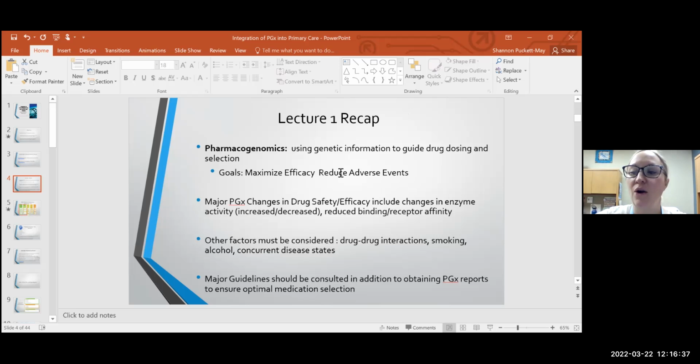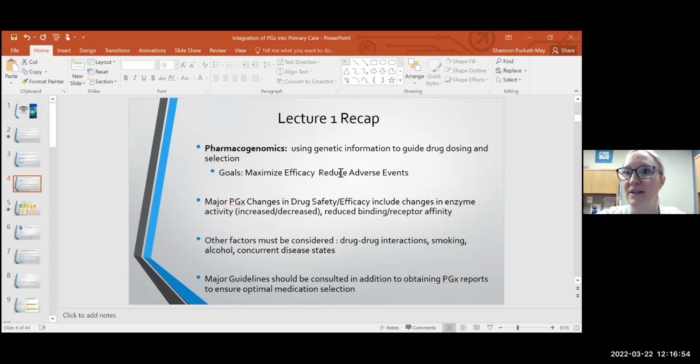We talked about how other things can play in. So smoking status, cigarette smoke, and cannabis can alter your enzymes in your liver and increase or decrease the metabolism of medications. So you have to keep those factors in mind.